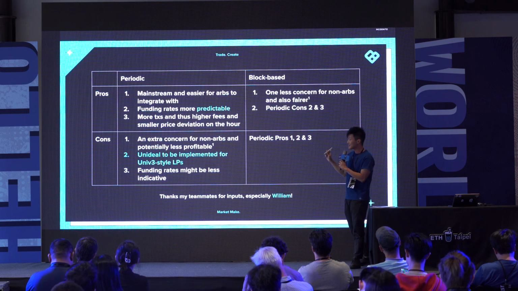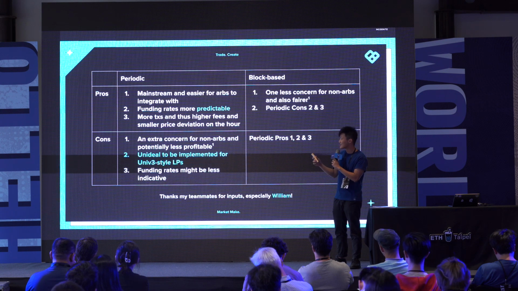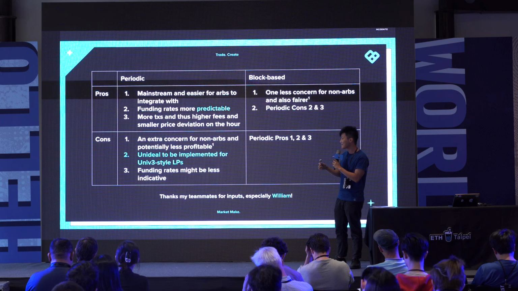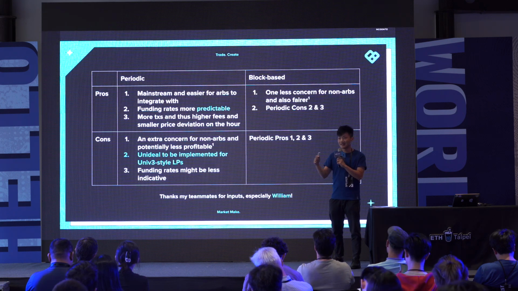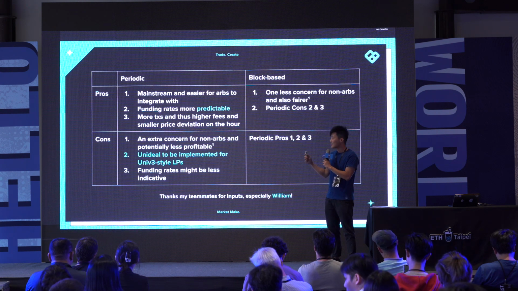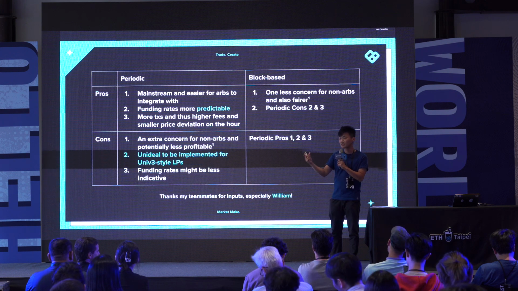Okay, so the second disadvantage of periodic funding is that it is not ideal to be implemented for Uniswap v3 style LPs. Some of you might be familiar with the Uniswap v3 mechanism. In short, LPs on Uniswap v3 can provide liquidity to a customized range.